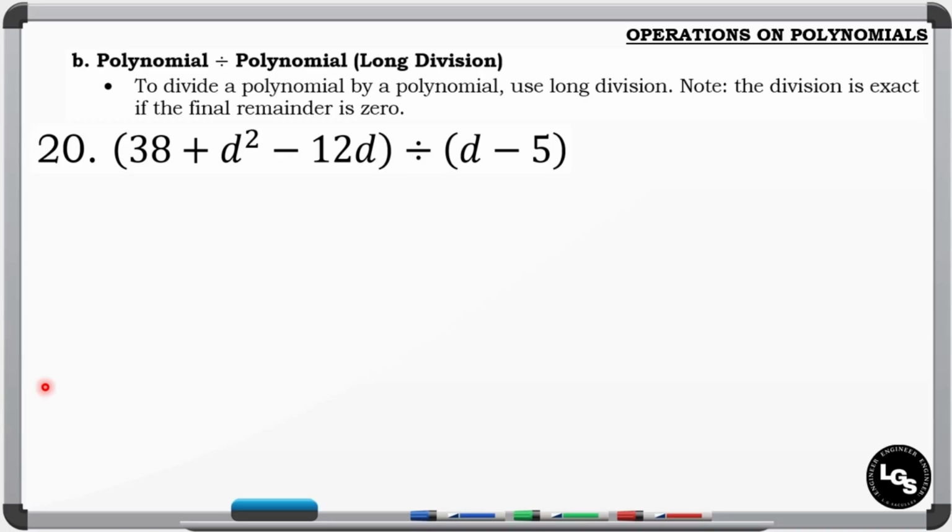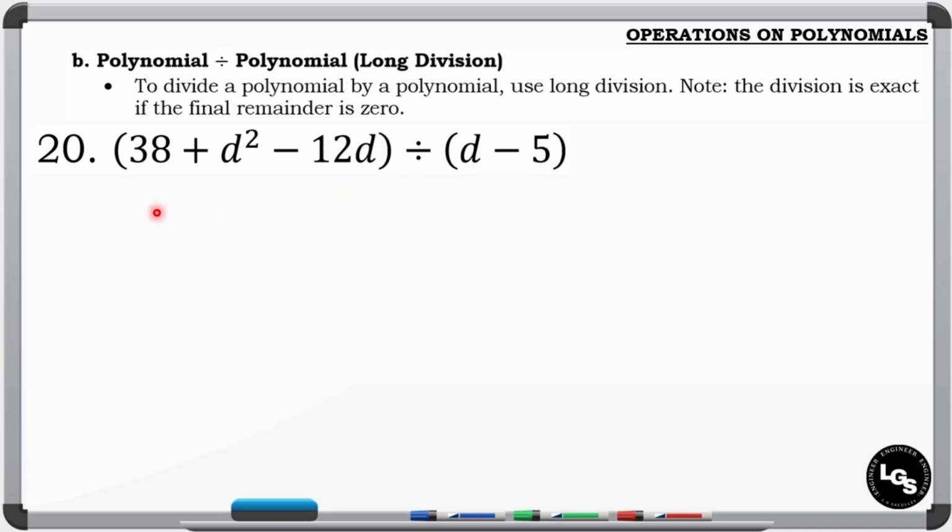So we have here, again, our dividend, 38 plus d squared minus 12d, divided by d minus 5. This is our divisor. If you will notice, the divisor is a binomial, which is a type of polynomial. So we cannot use the previous method because it is already two terms.